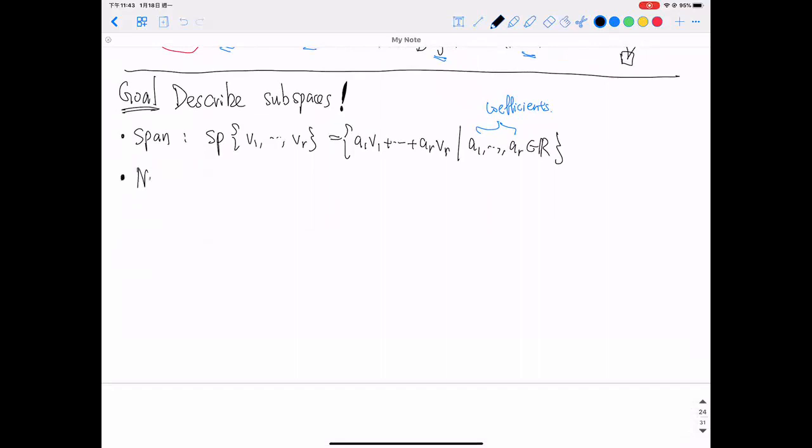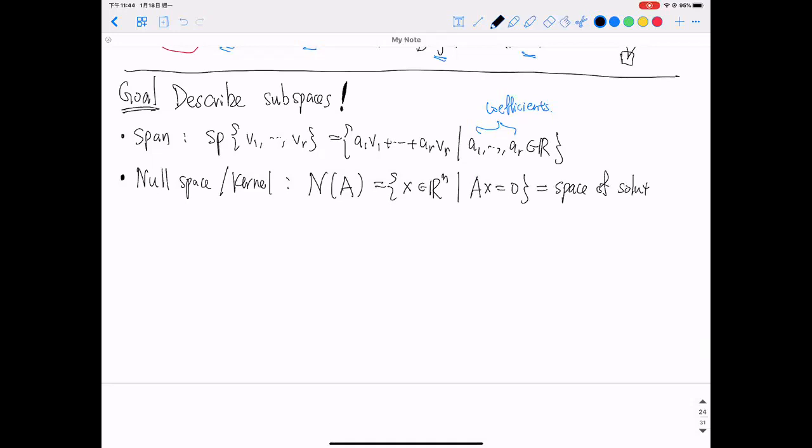Null space, or kernel. Another kind of subspaces that we've studied are null spaces. These are just the space of solutions of a matrix system or a linear system Ax equal to 0.